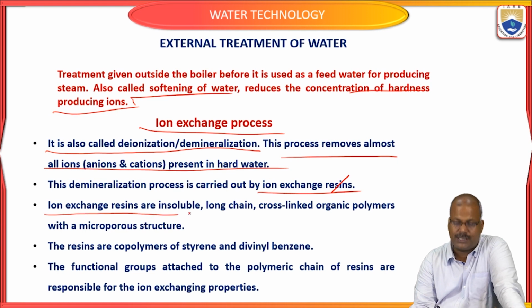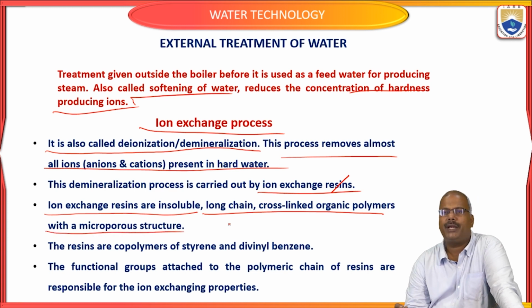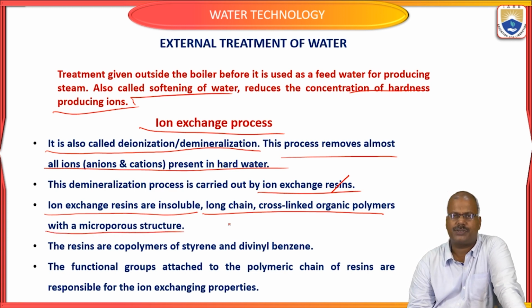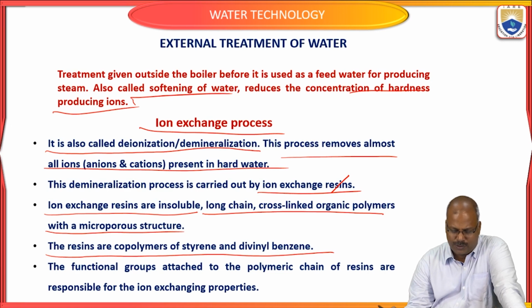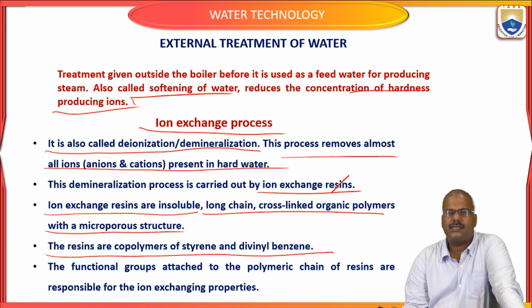Ion exchange resins are insoluble, long chain cross-linked organic polymers with a microporous structure. The resins are made up of copolymers of styrene and divinyl benzene. Copolymers means they have two different monomers, divinyl benzene and styrene.